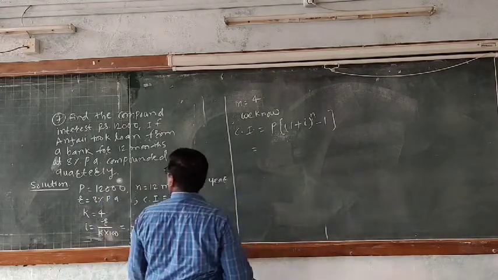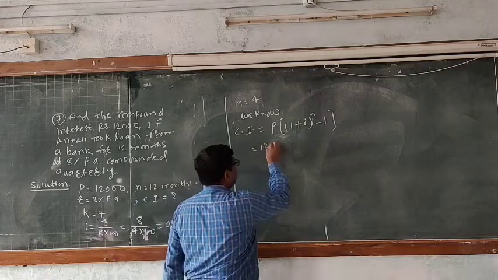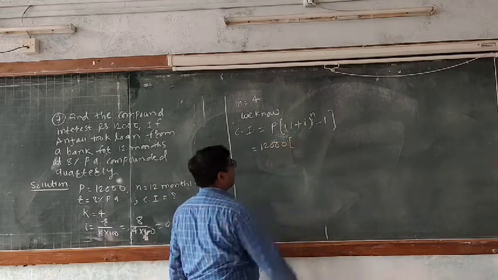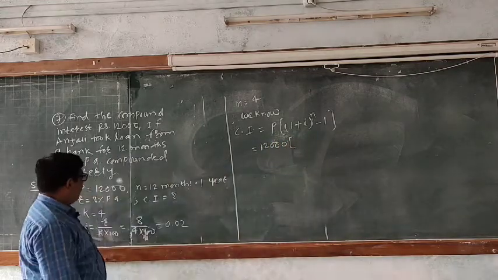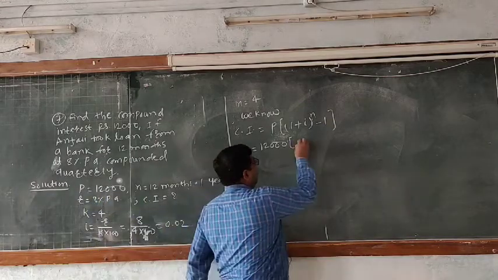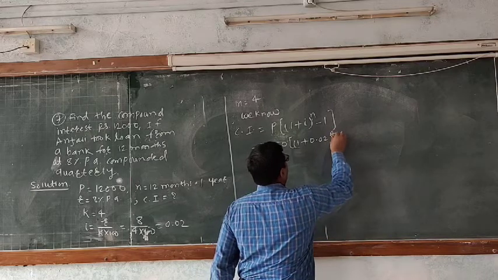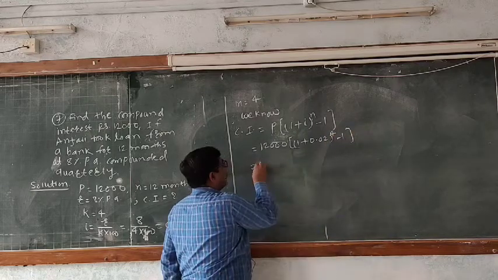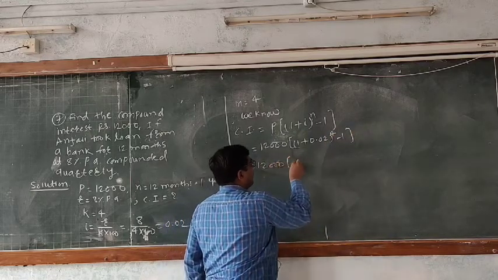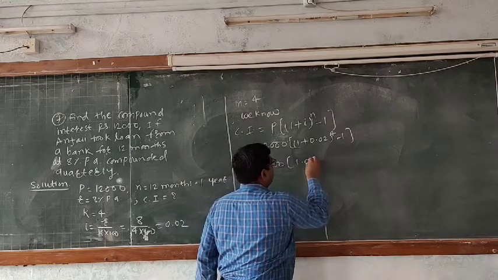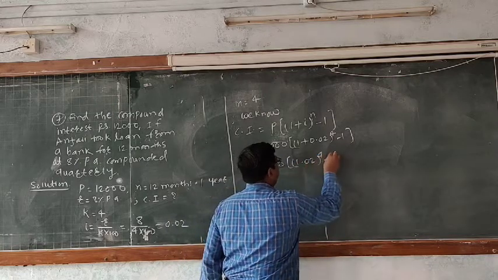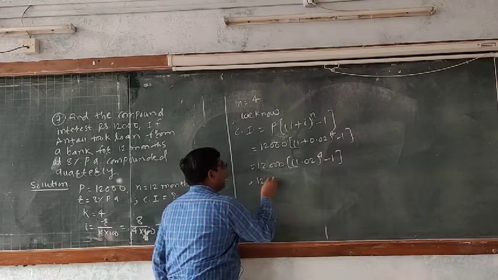P is 12,000 into the bracket 1 plus 0.02 raised to power 4 minus 1. So 12,000 into 1.02 raised to power 4 minus 1.